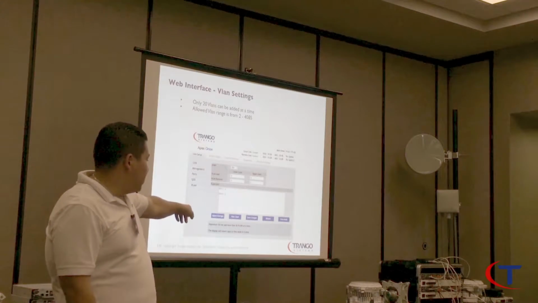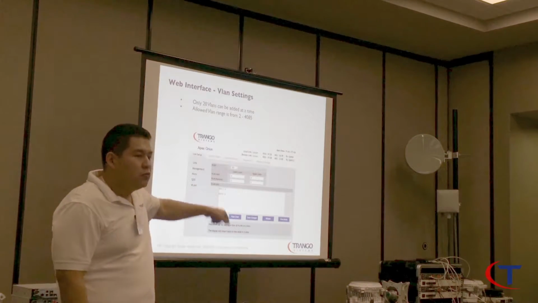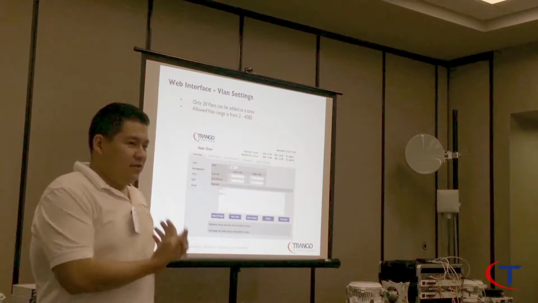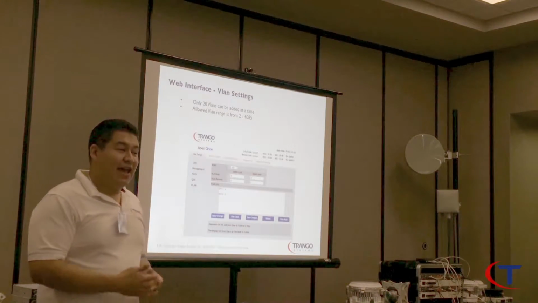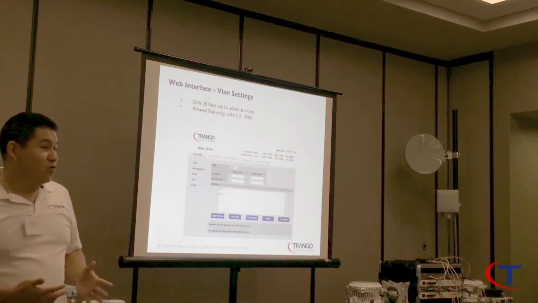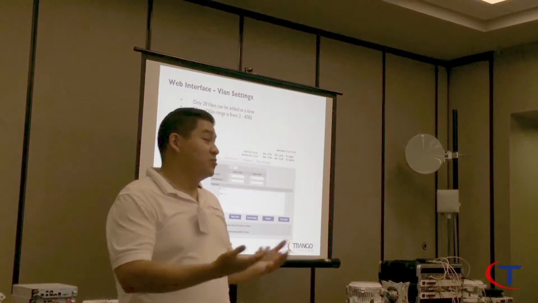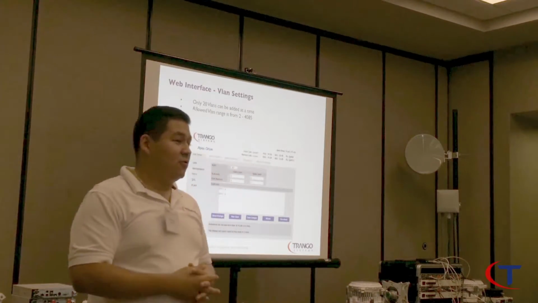Then apply changes, and I'm going to see on ETH2 the actual range, 20 to 30. Again, if you want to make it a trunk port, you have to add 2 to 4085. The other ones, 4086 to 4079, are reserved internally for management and on-site traffic. So those you cannot use.